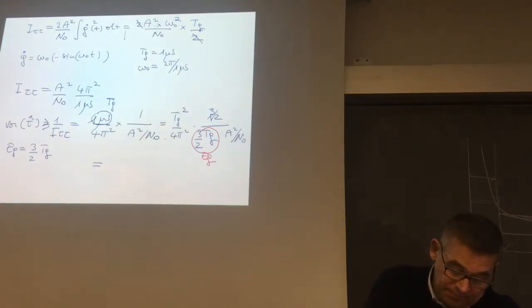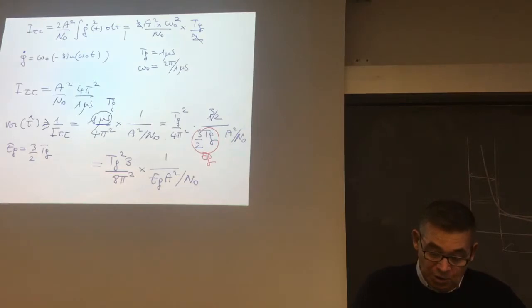So this is equal to Tg squared multiplied by 3 divided by 48 pi squared, times 1 over the energy of the waveform a squared divided by n0.